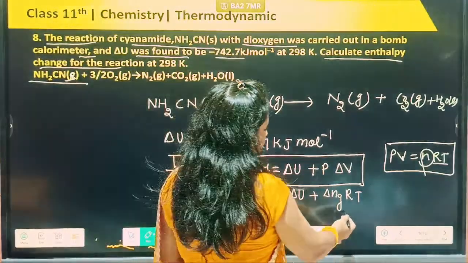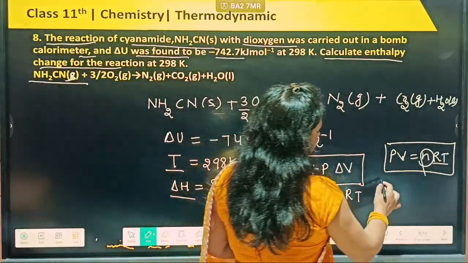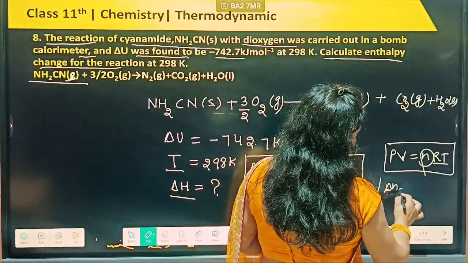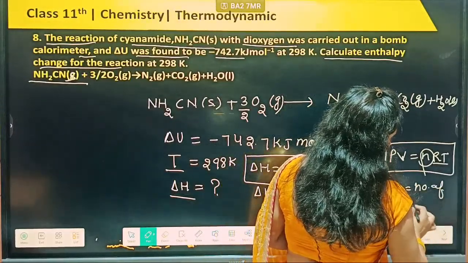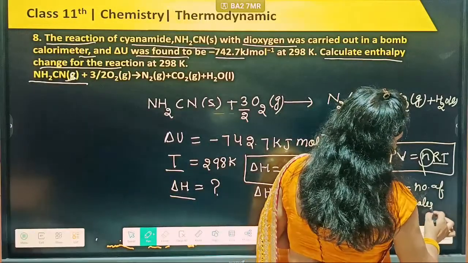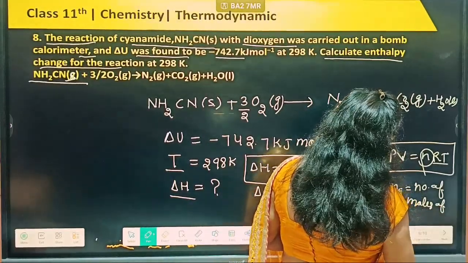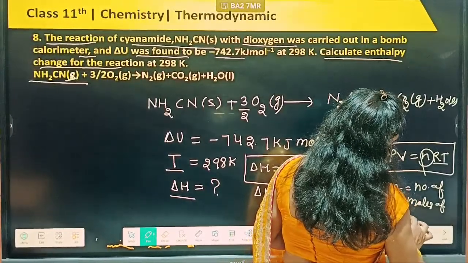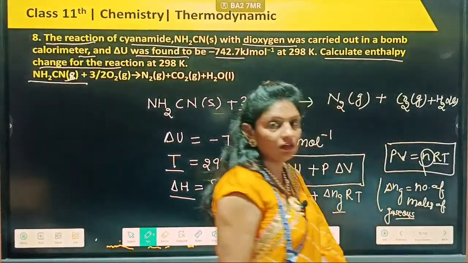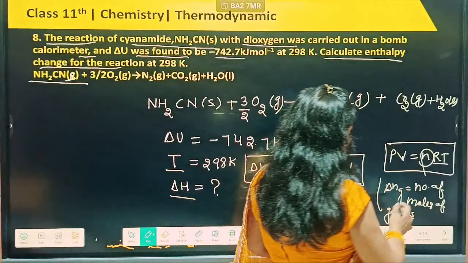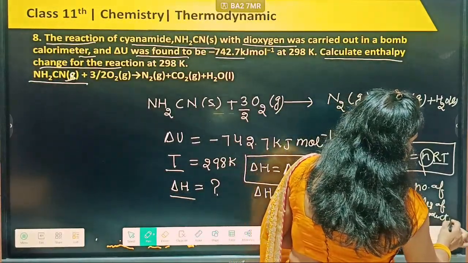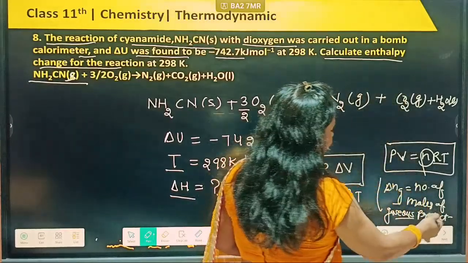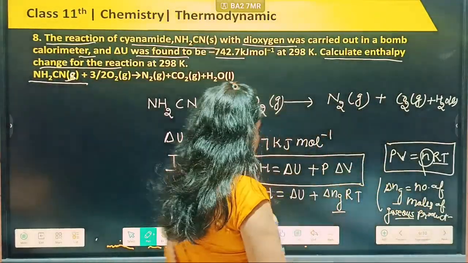Okay, so here del Ng is the number of moles of gaseous product minus number of moles of gaseous reactant. Keep in mind that G is showing the gaseous state.